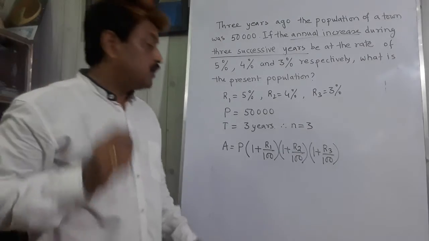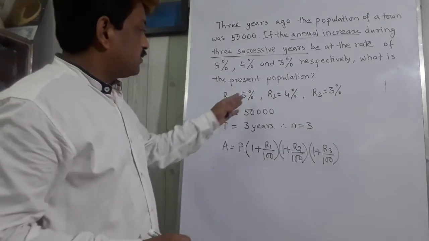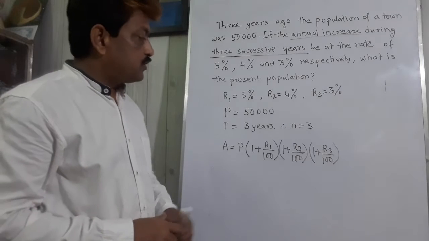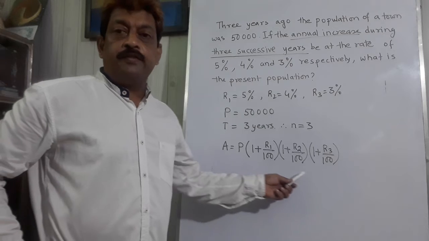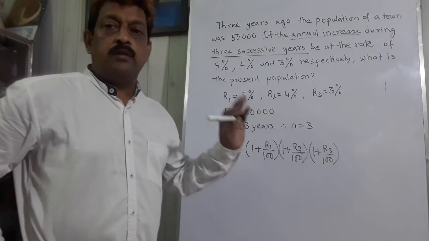So instead of doing the sum in 3 steps, because 3 rates are given, it is better to modify the formula and do it in one step.